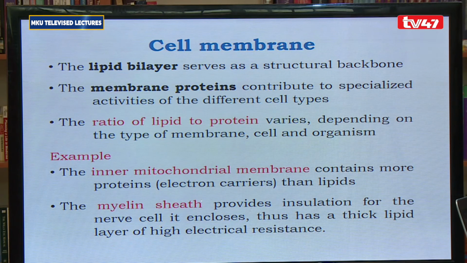Another membrane, the myelin sheath, which is found around the nerve cells, performs the function of insulation. Okay? So this is still a membrane, but it's performing a different function of insulation. Therefore, to insulate, you'd require more lipids than proteins, because proteins are able to conduct the kind of electricity you find in the nerve.